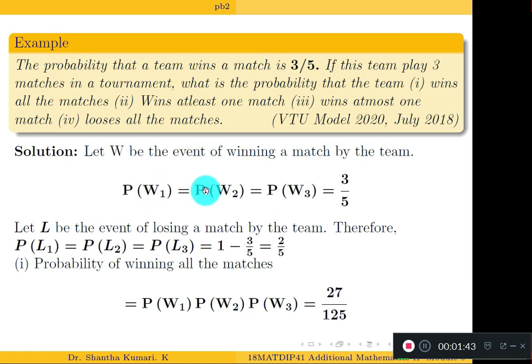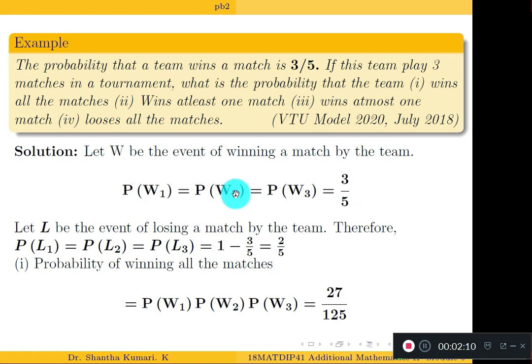You can also use here A, here B, here C, and this is A complement, this is B complement, this is C complement. They are complementary events. And what is the probability of complementary events of these 3? That means P of L1, P of L2 and P of L3. These are given by 1 minus probability of the event, 3 by 5. So the answer is 2 by 5.